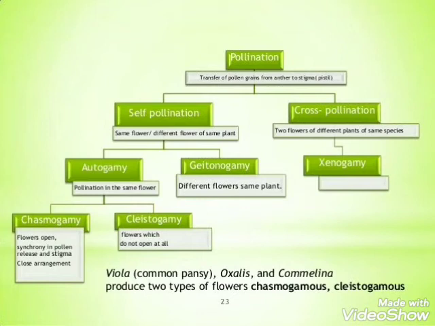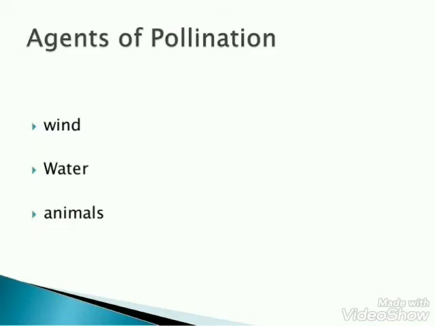They never open and the anther dehisces inside the closed flower, like Commelina. Agents responsible for the process of pollination are divided into abiotic agents and biotic agents. Abiotic agents usually comprise wind and water, and biotic agents comprise different animals, including reptiles, mammals, insects and birds.